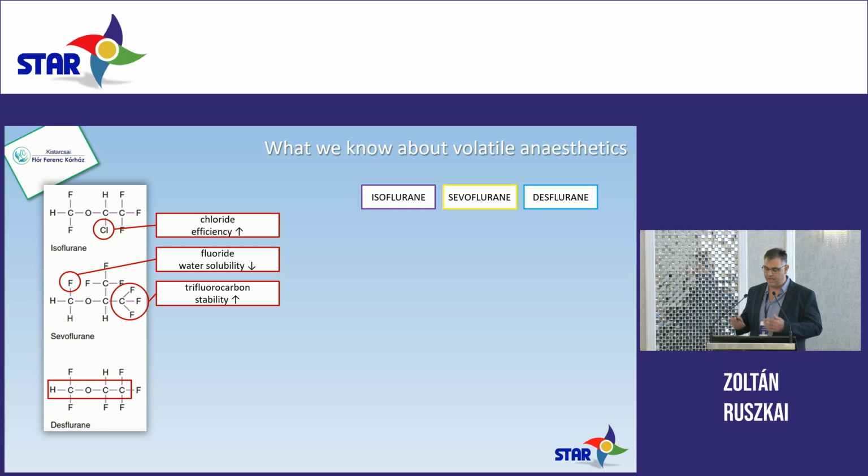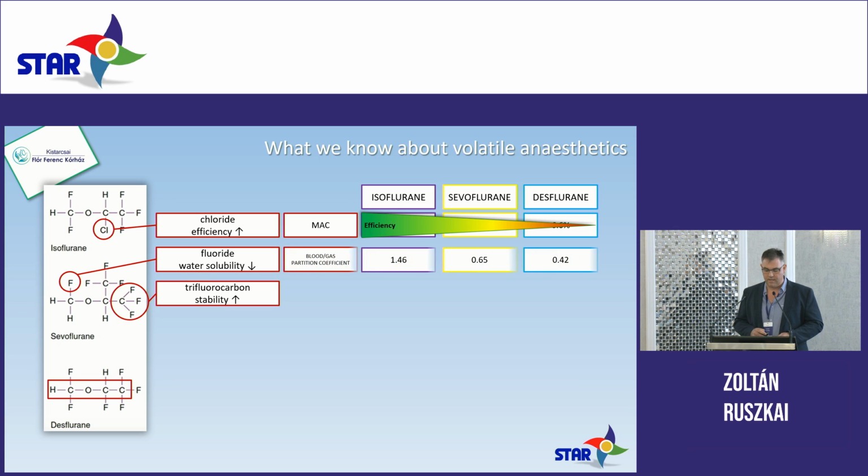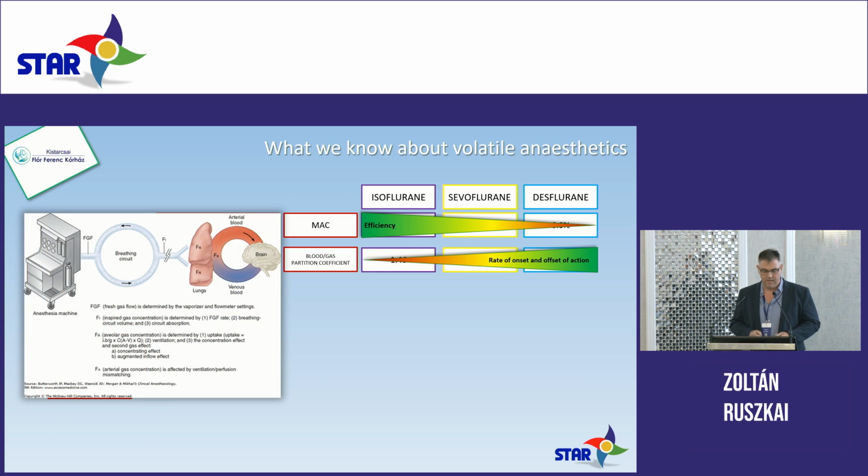These three agents have main characteristics, like the MAC that is responsible for the efficiency, and the blood gas partition coefficient that is responsible for the rate of onset and offset of action.